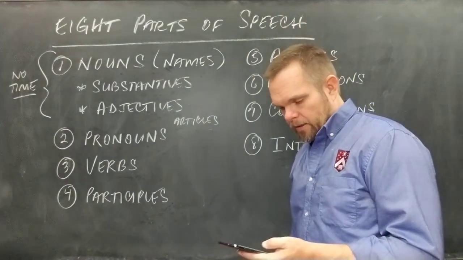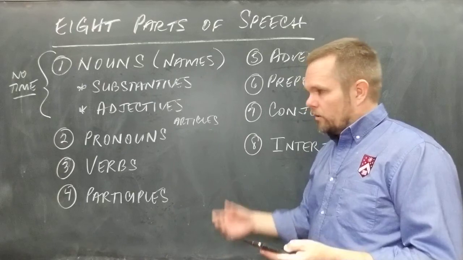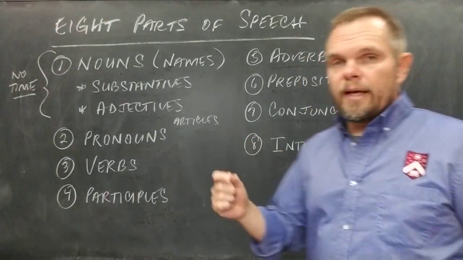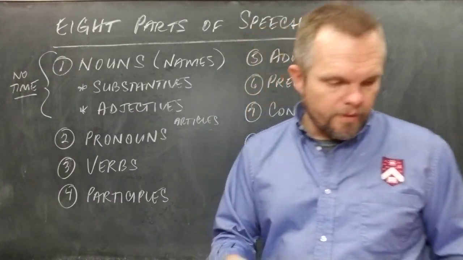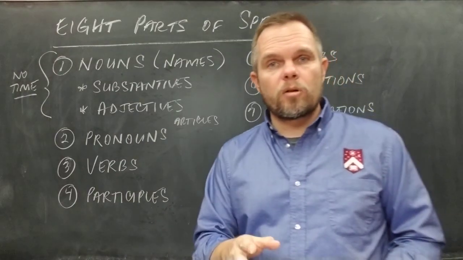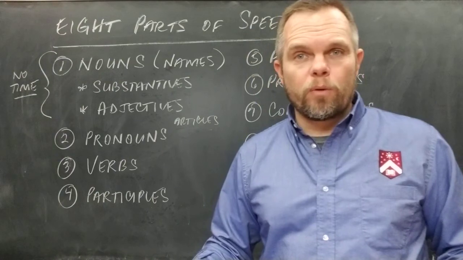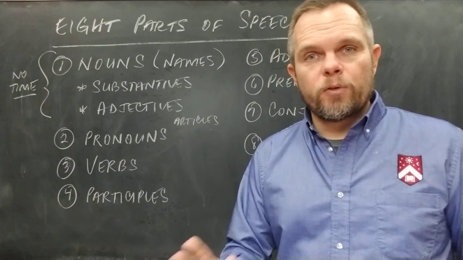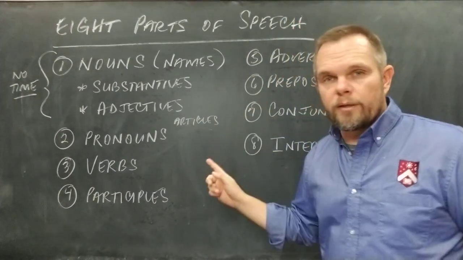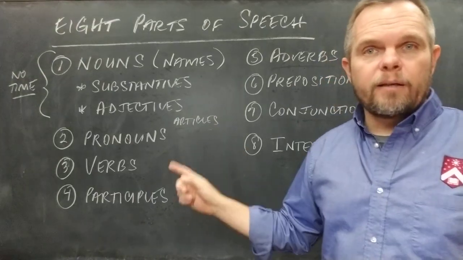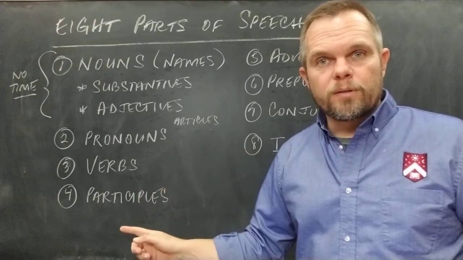Okay? Now, what's important about all of this is that any word that you come across in English, tens of thousands of words, any word that you come across, you can put into one of these 8 classes of words.